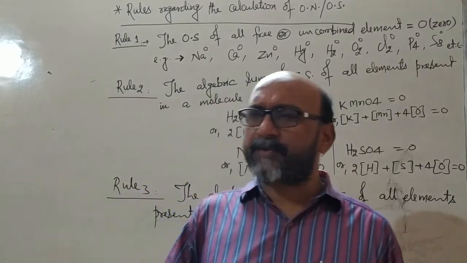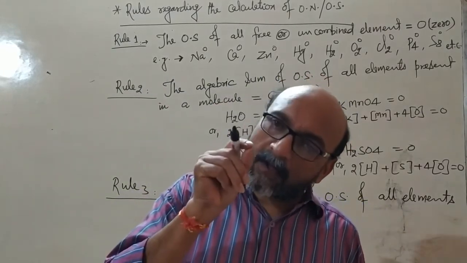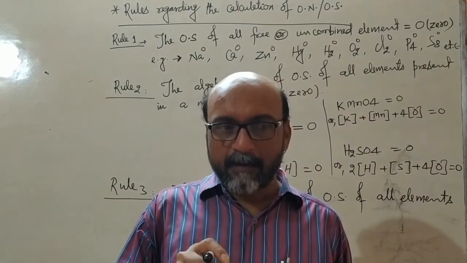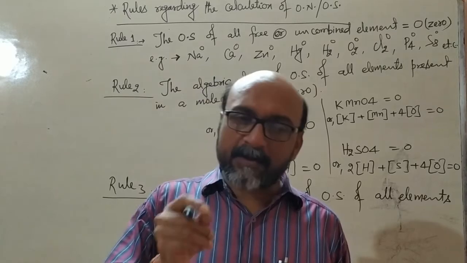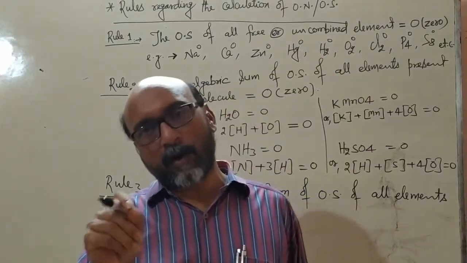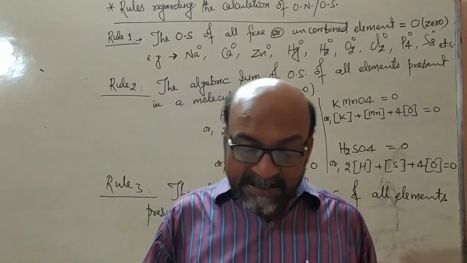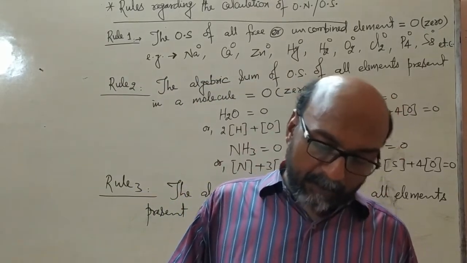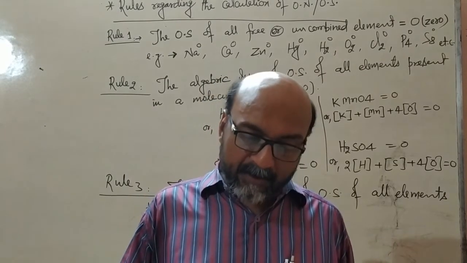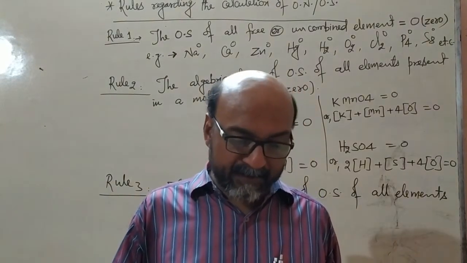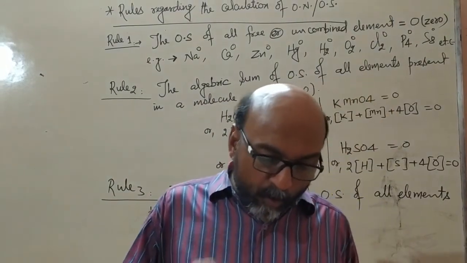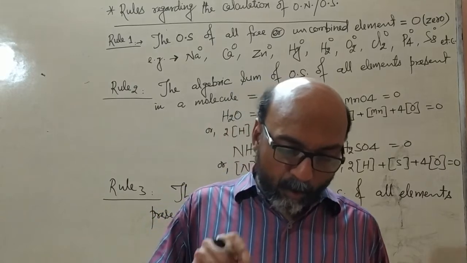As discussed many times, a charged atom or a charged group of atoms is called an ion. The algebraic sum of the oxidation state of all elements in an ion is equal to the charge of the ion.